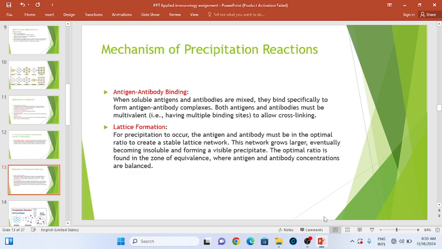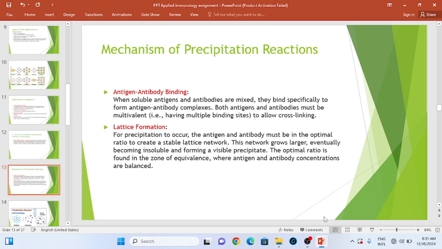Antigen and antibody must be in optimal ratio, meaning balanced, where the amount of antibody equals the amount of antigen to create a stable lattice network.